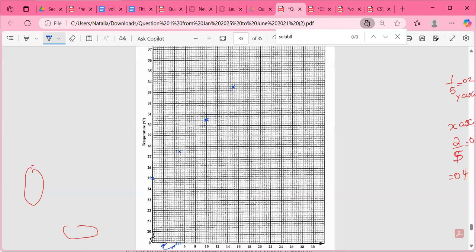Next one, 20. 20 is 32.5. Then 25, 28.9. Then 30 is 26.